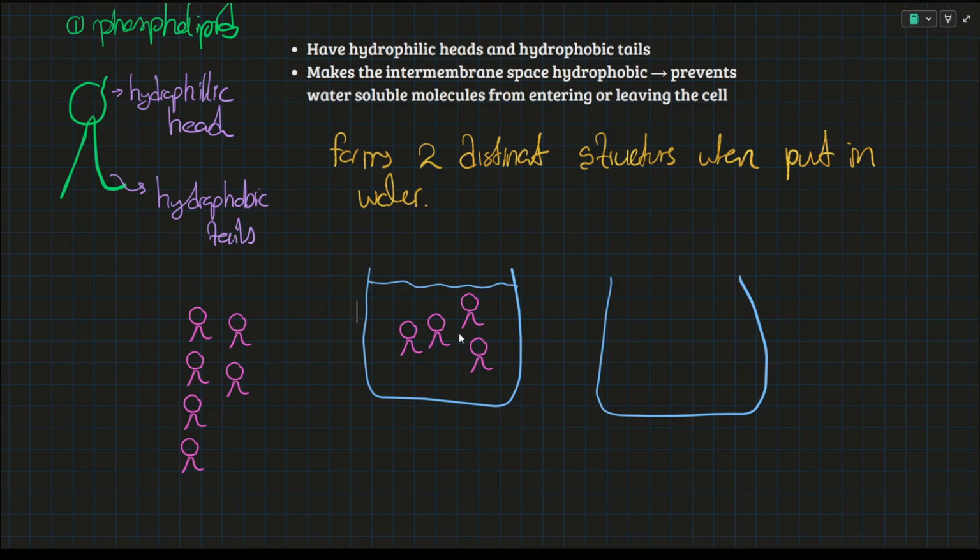So the hydrophilic heads will turn themselves towards water. But the hydrophobic tails don't like water. They try to hide as much as possible. So something like this happens. I'll draw all of it. So they will orient themselves like this.